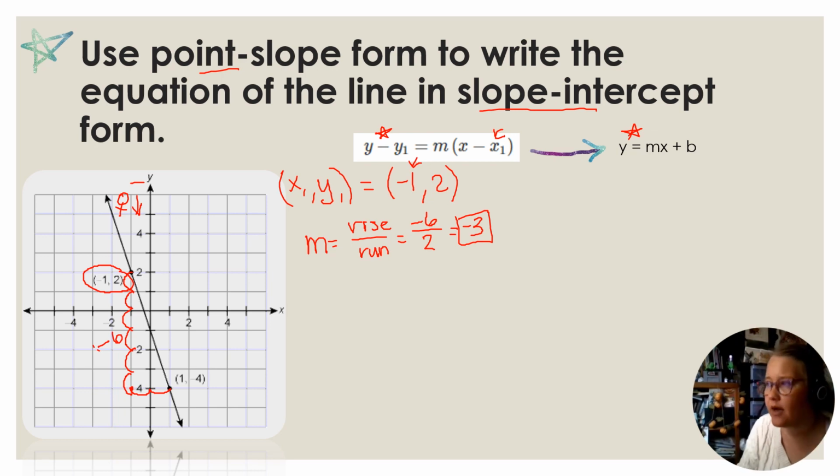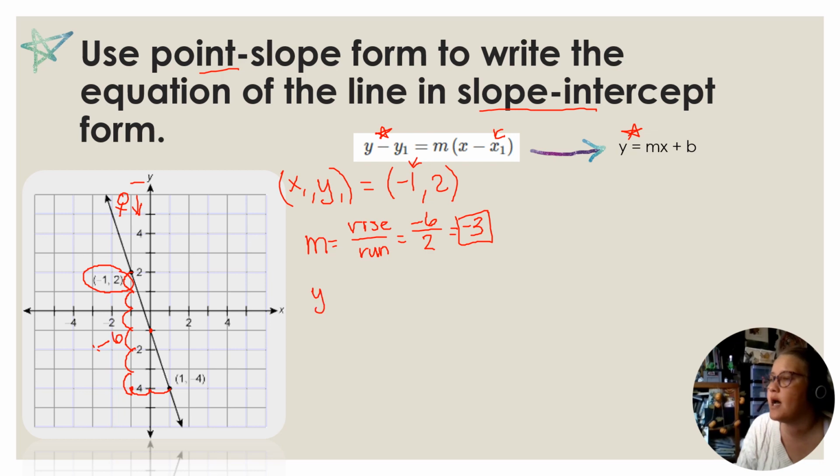Okay? Now, life hack. Do you see the y-intercept? We could totally jump at this point into y equals mx plus b form, but that wouldn't be following the directions. So we are going to do it correctly, but we could use that little y-intercept to check our answer at the end. Now I got to plug in my slope, my y1 and my x1 into my point slope form.